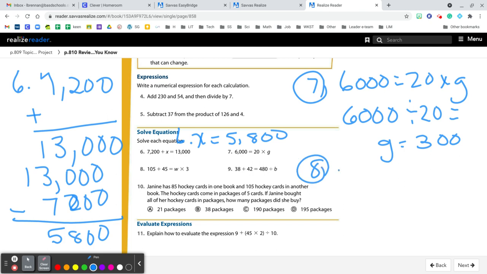105 plus 45 equals W times 3. So 105 plus 45, let's see, 5 plus 5 is 10.